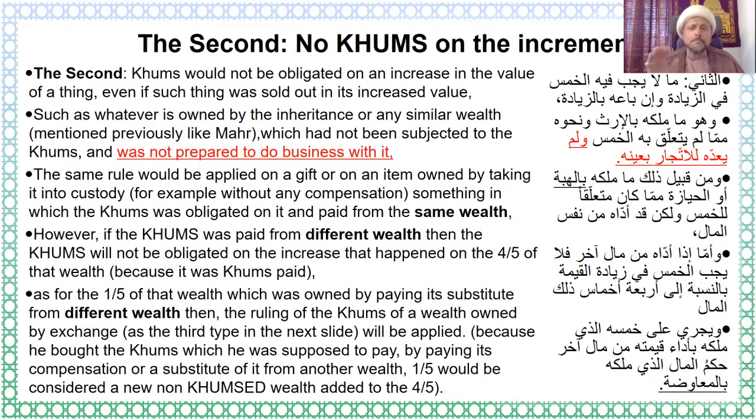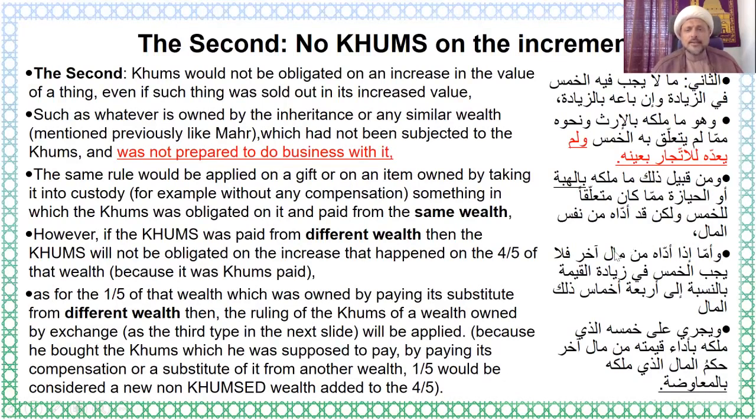That means the gift he got, or anything he got, was subjected to khums. After one year of not using it, he paid the khums of it. So the same thing: it was not prepared for business, so it will have the ruling of the inheritance. Why? Because he did not get it as a compensation. There was no buying and selling in it. It was free stuff. He got the free stuff from the government or from outside. He found something free available for everybody to take.